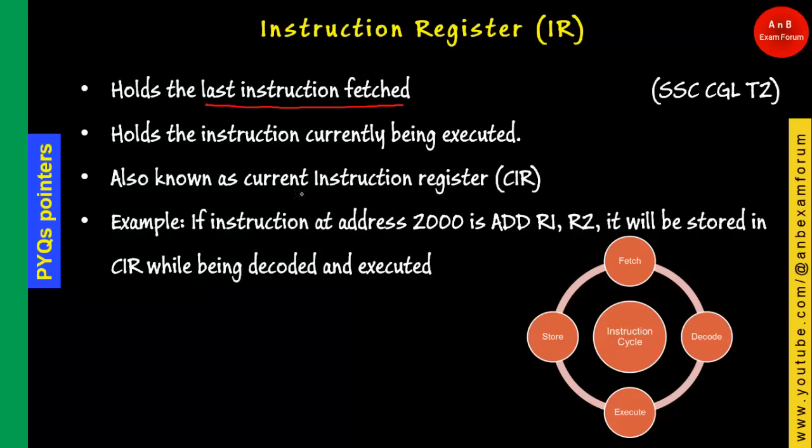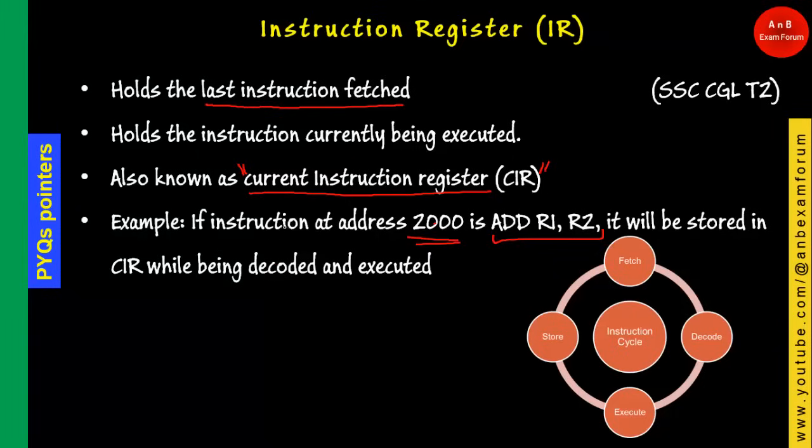That's why it is also known as the current instruction register. It holds the instruction which is currently being executed. For example, if the instruction at 2000 is add R1 and R2, this value is going to be stored in CIR.